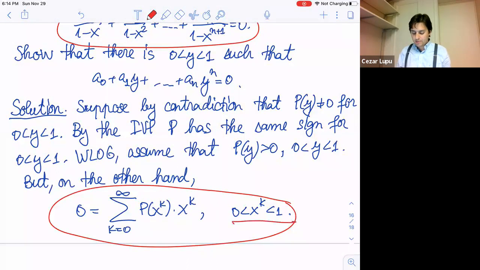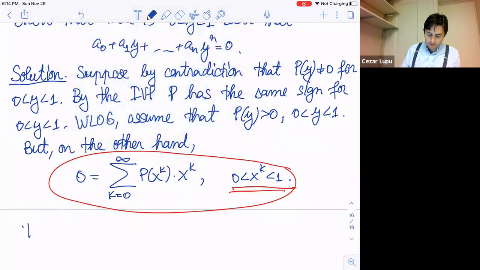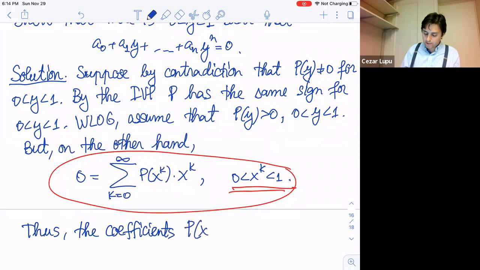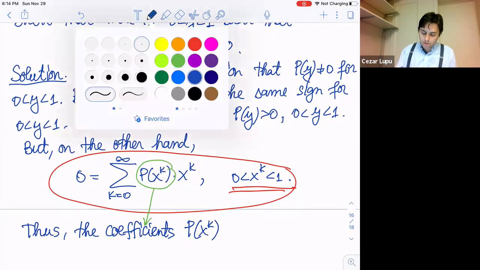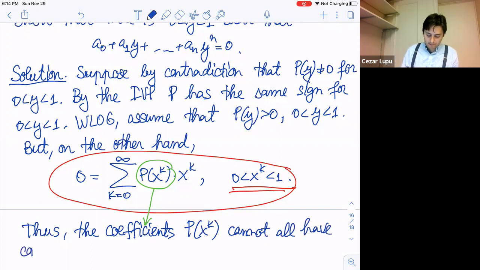Well, since we know that x to the k is between 0 and 1, we can infer that the coefficients, these P of x to the power k, cannot all have constant sign unless we have the following two situations.